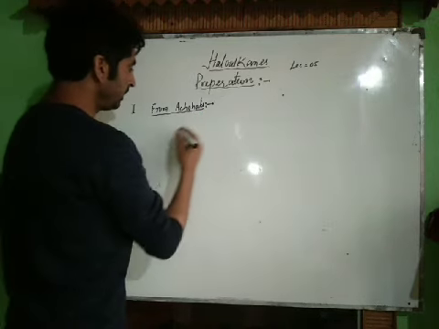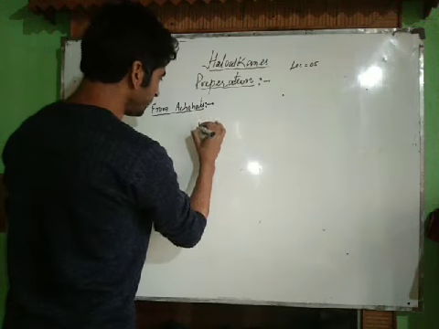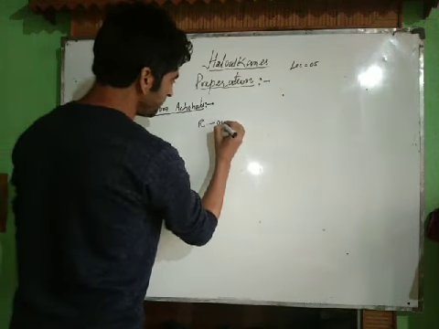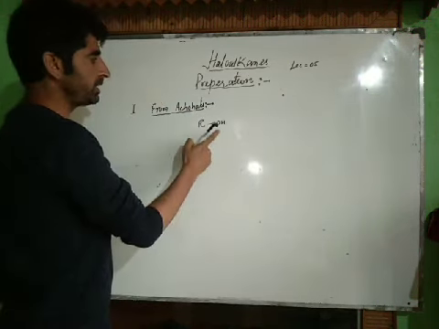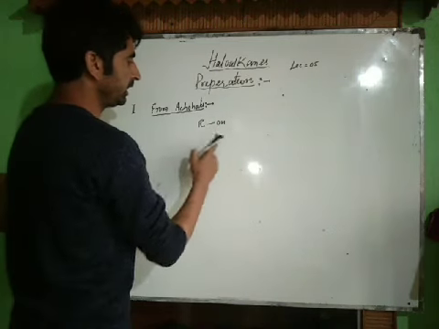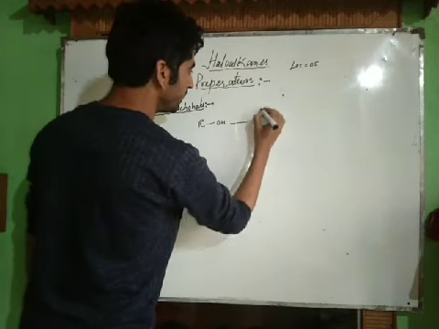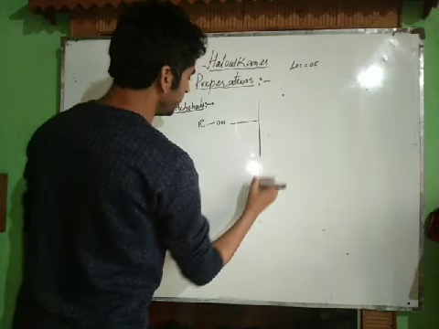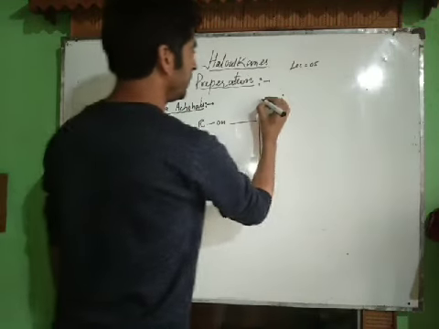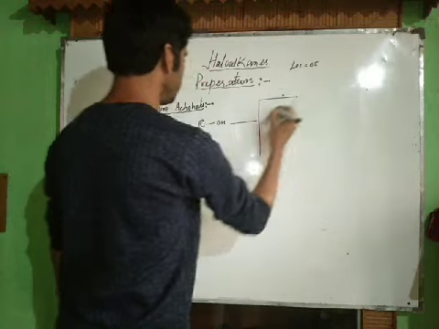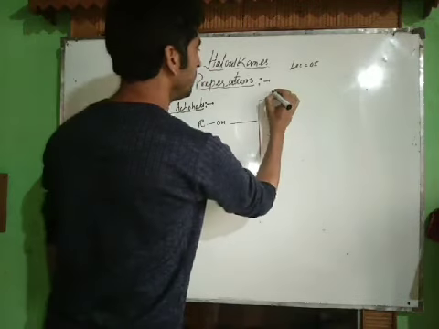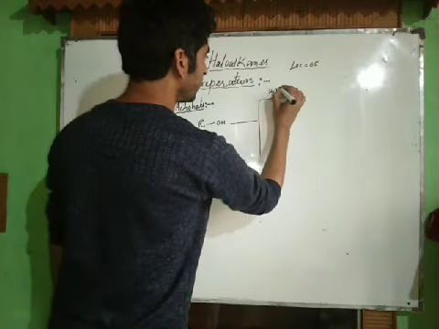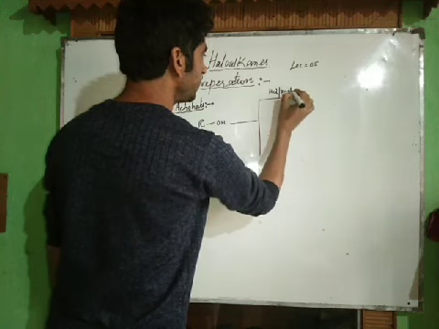Now, alcohols are the compounds having general formula ROH. From this ROH we can get haloalkanes. There are different ways to do this. Either we can treat the alcohol with HCl and zinc chloride, ZnCl2.